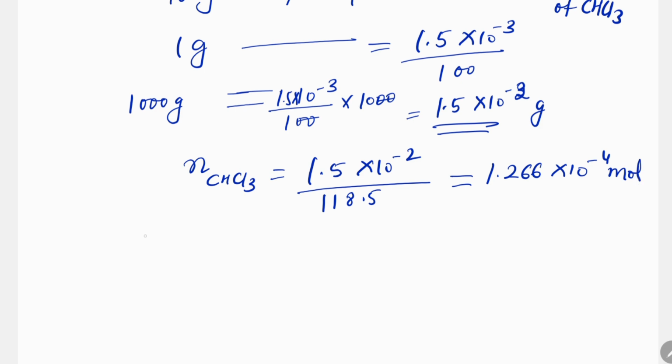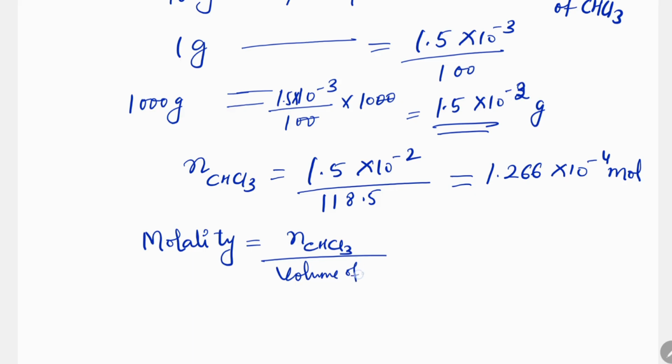And we can calculate the molality. Molality is the number of moles of solute divided by mass of solvent in kilograms. Over here, in 1 kilogram, what is the solvent? Solvent is water, and we have already converted into 1000 gram.